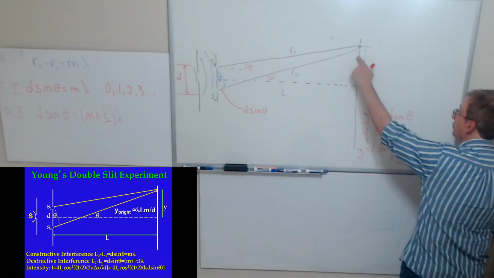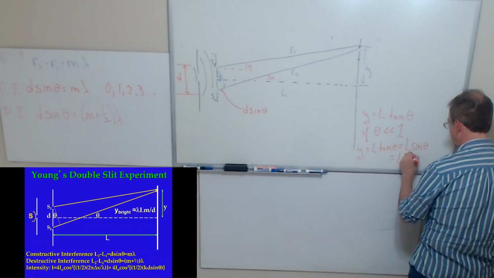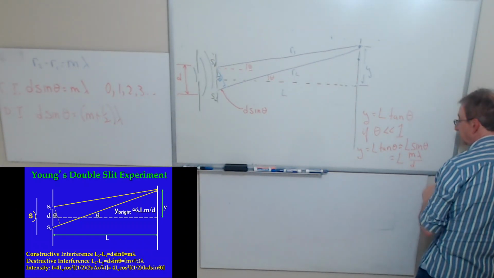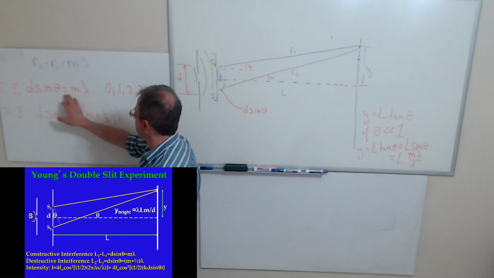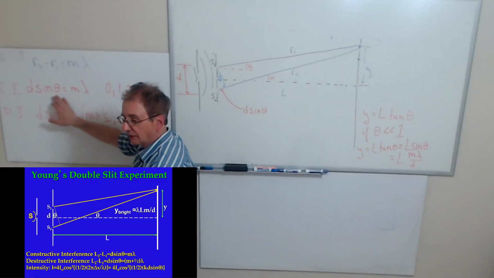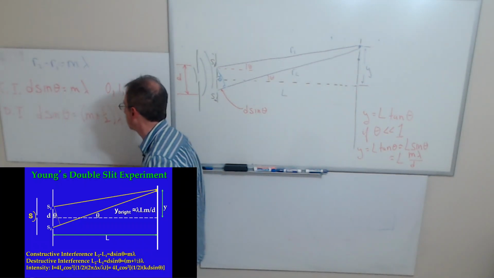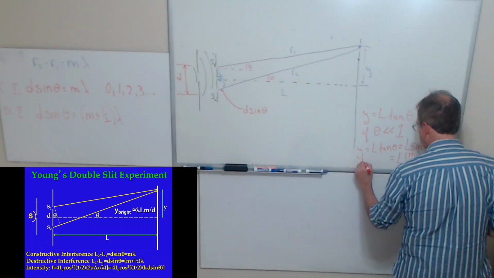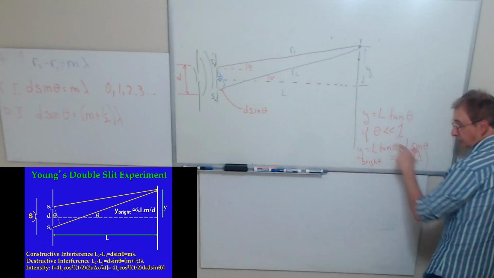which is approximately equal to L times m lambda over d for a bright spot. Where did I get m lambda over d? Well, this is the condition for constructive interference. If I solve for sine of theta, it is m lambda over d. So I put this here. So this is for a bright spot. Again, this has to be true.